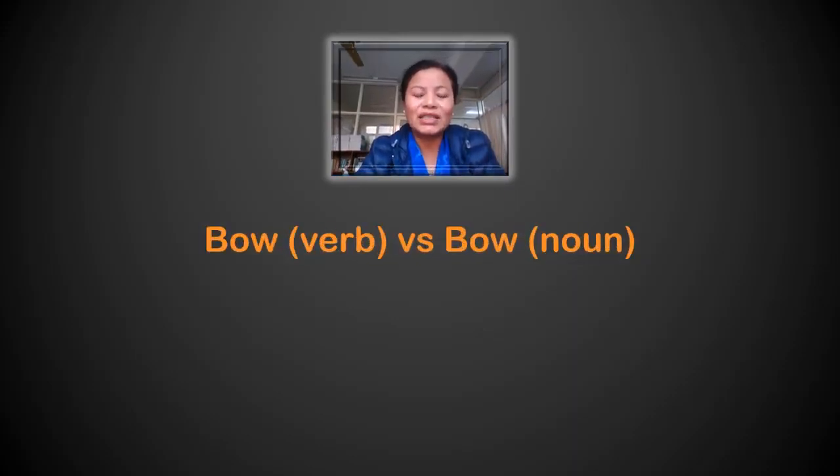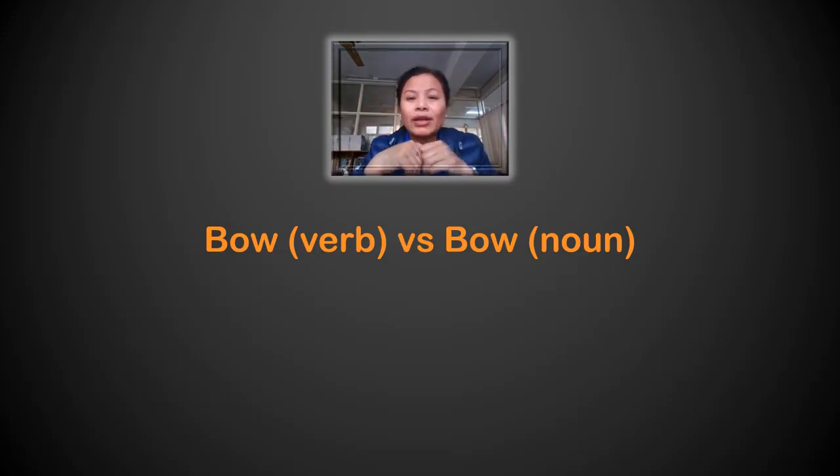The next word is bow, used as a verb and bow used as noun. So when bow is used as a verb, the pronunciation is bow, to bend over, right? Whereas when it is used as a noun, that is the thing used to shoot an arrow, the pronunciation is different.